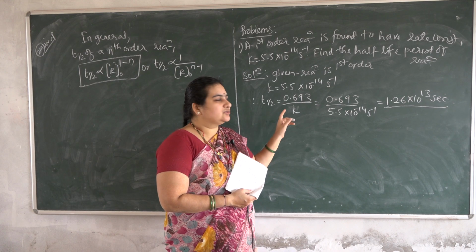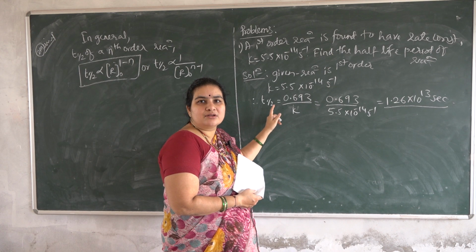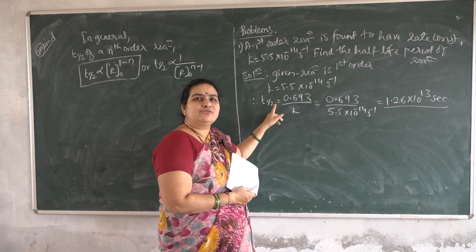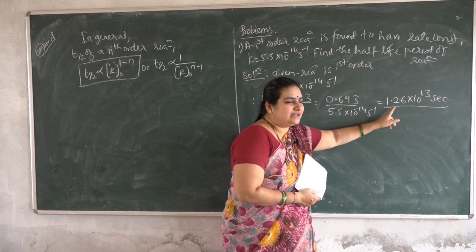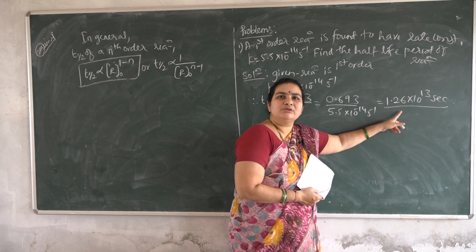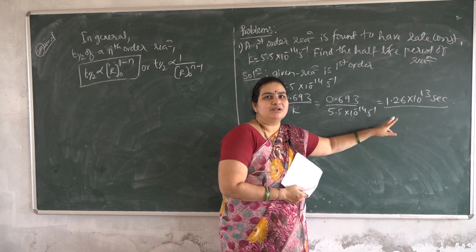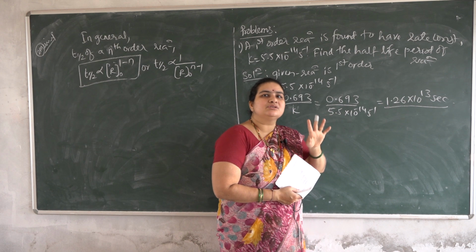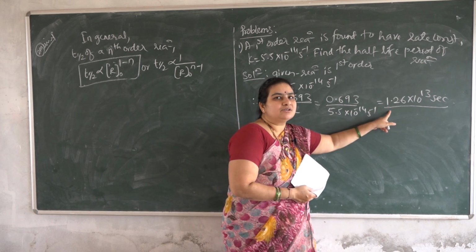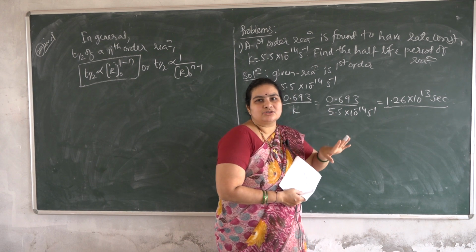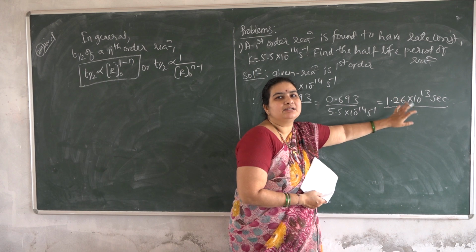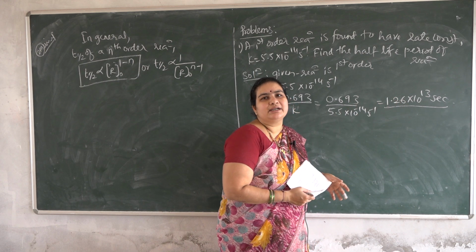If you forget to write the formula, you will lose 1 mark. Any one of these being wrong: answer wrong, unit correct, then also 0. Answer correct, unit wrong, then also 0. If you write the correct answer and the correct unit, then you will get 1 mark.